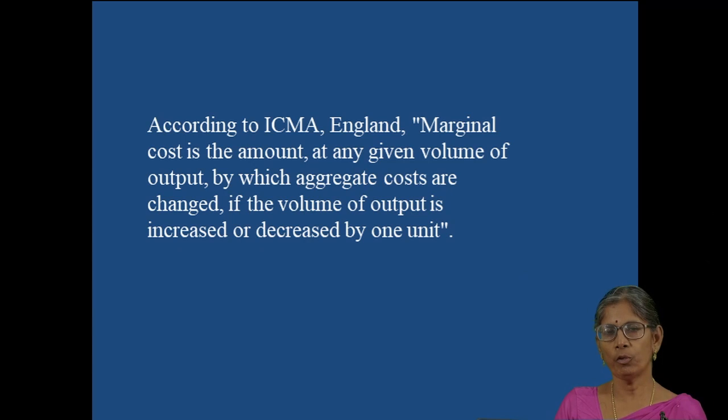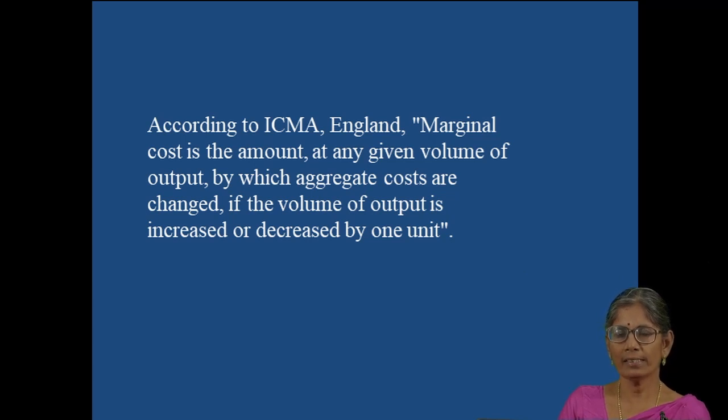If the volume of output is increased by 1 unit, that is 1001 units, then the total cost will be rupees 10,010. That is, the extra cost is also known as the marginal cost.